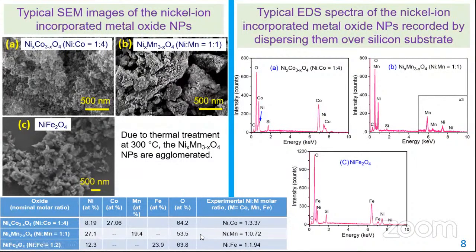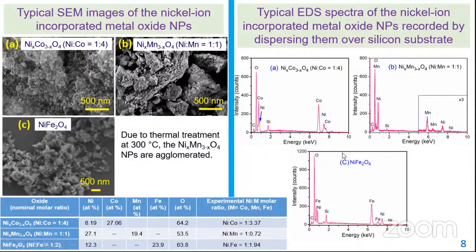As you can see in this table, in these three samples, we are highlighting the nickel cobalt oxide with nickel cobalt molar ratio 1:4. The EDS estimated nickel cobalt molar ratio comes to 1:3.37 instead of 1:4. Same in the case of nickel manganese oxide: instead of a 1:1 ratio, we are getting a 1:0.72 molar ratio.